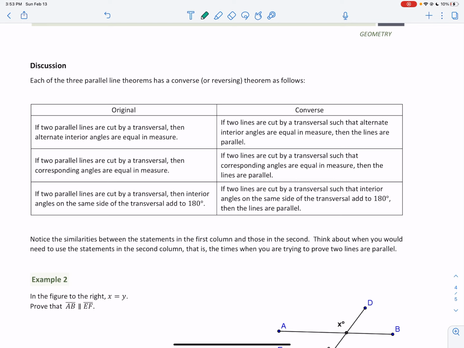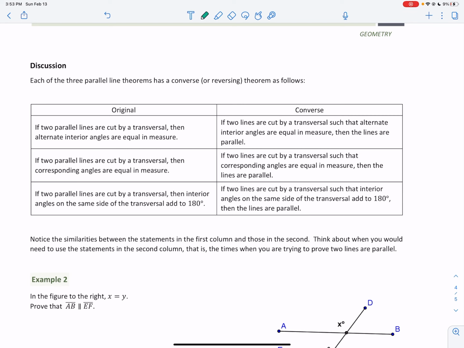So let's look at what it says over here. I wasn't reading that. I was reading this backward. So the way they've worded it is, if two lines are cut by a transversal such that alternate interior angles are equal in measure, then the lines are parallel. So notice these mean the same thing. This one says it one way. If two parallel lines are cut by a transversal, then alternate interior angles are equal in measure. This other one reads the other way.